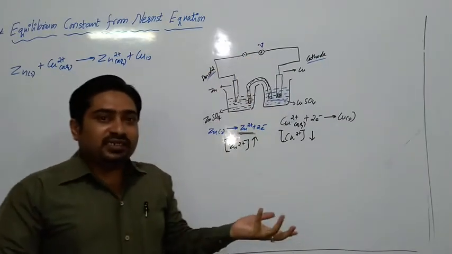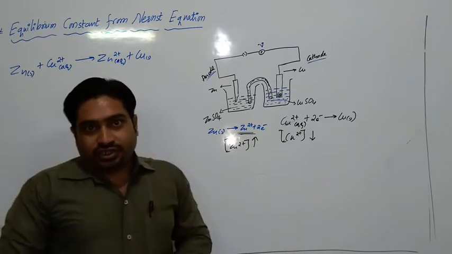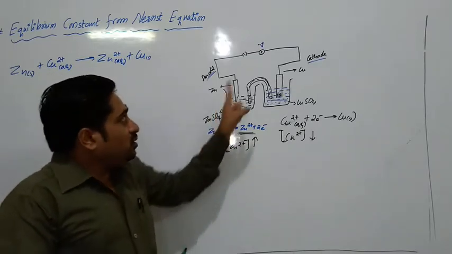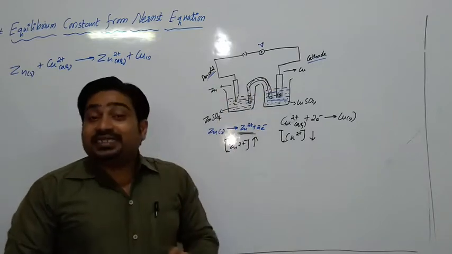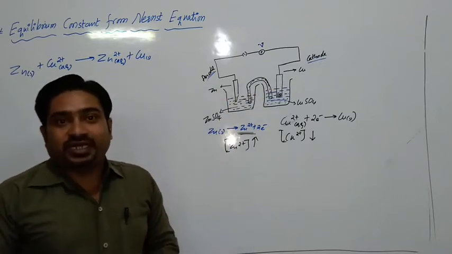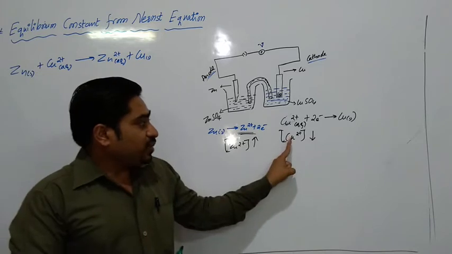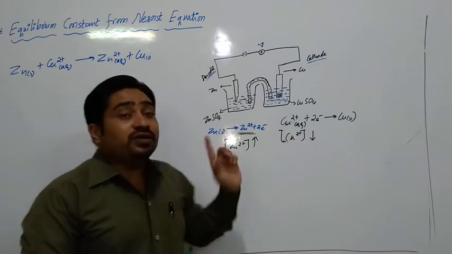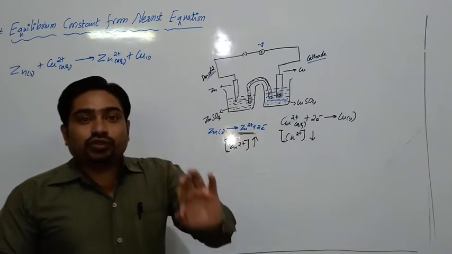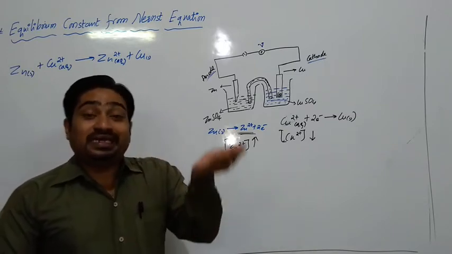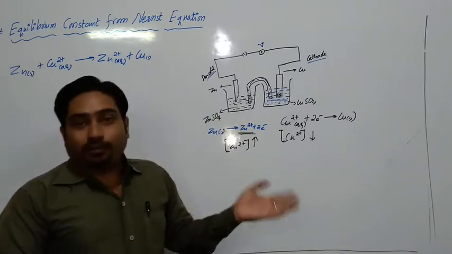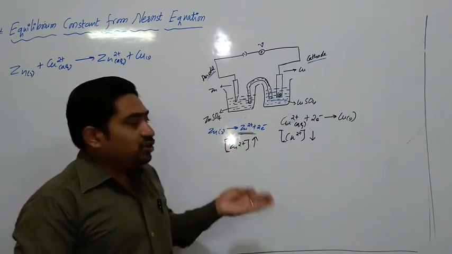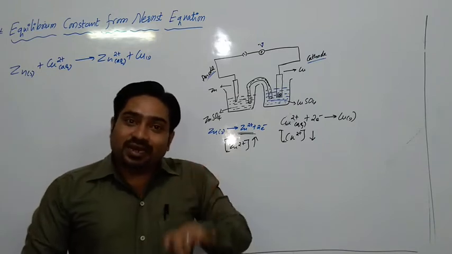In our Nernst equation, we concluded that E cell, the electrode potential of the cell, varies with the concentration of copper ions and the concentration of zinc ions. As the concentration of copper ion increases, the cell potential also increases. As the concentration of Zn2+ ion increases, the cell potential decreases.